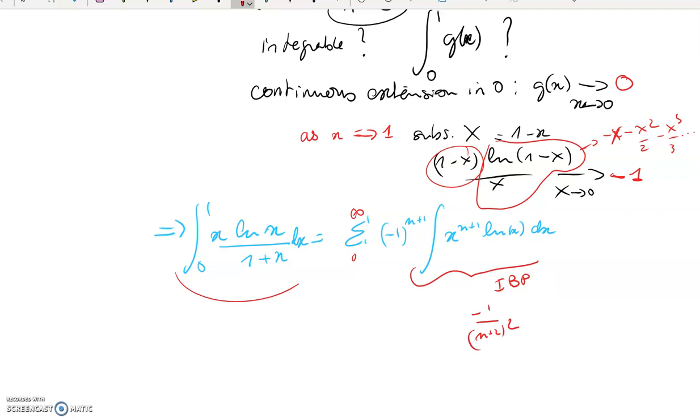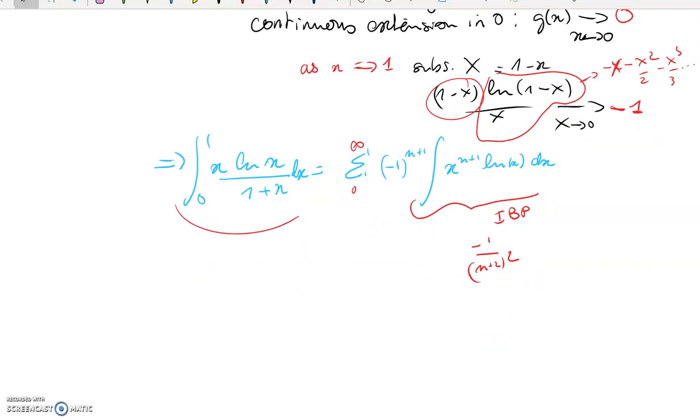And so finally, you get that the value of this integral is going to be equal to the sum of, sorry, plus 1 over n plus 2 squared, so -1 to the power n plus 1 divided by n plus 2 squared.